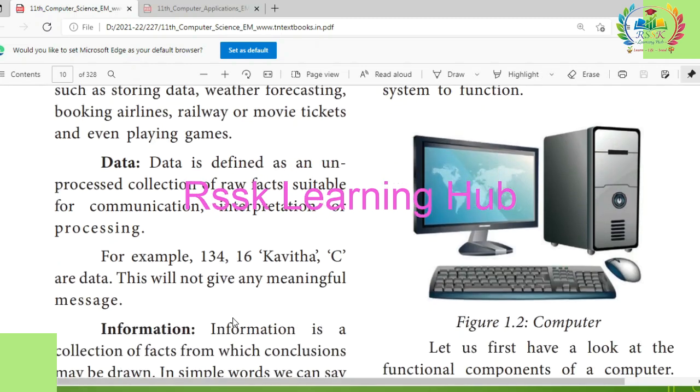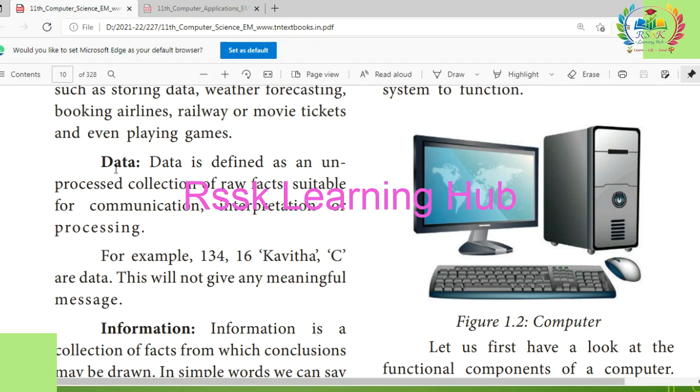For example, data means you may take one student name as one data, student number as one data, and which department he belongs to as one data. But information means the collection of facts, that is student name along with the number, along with the department. If you make a table about that student, that is called information.